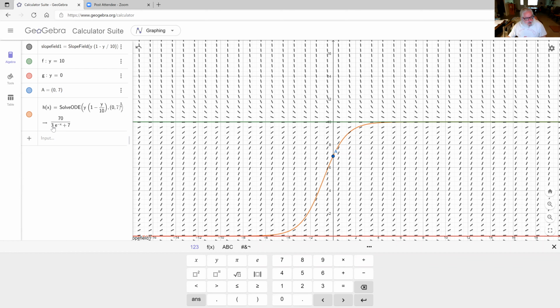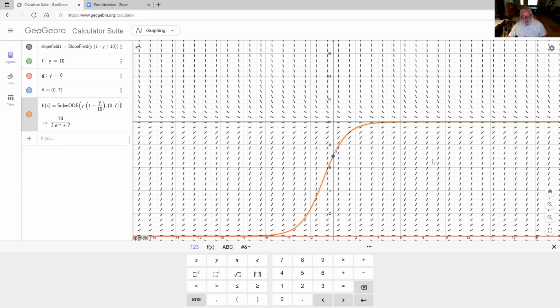If you look at the denominator for the equation, it's 3 e to the minus x plus 7. And we know that e to the minus x is always positive. So 3 times e to the minus x is always positive, which means 3 e to the minus x plus 7 is always positive. There's no vertical asymptote here. This function is actually defined for all time.